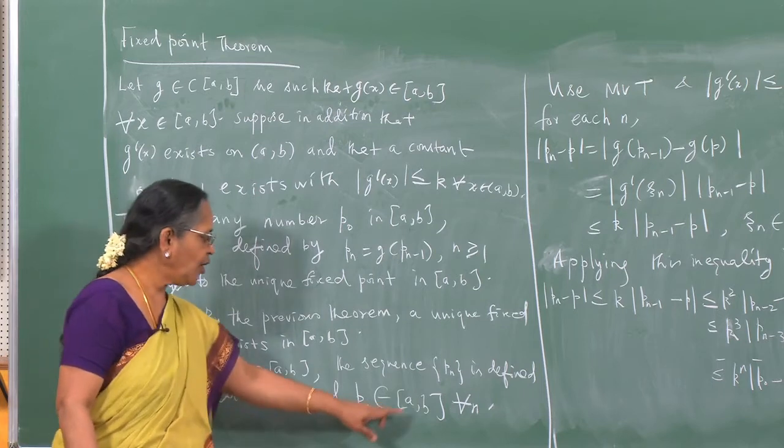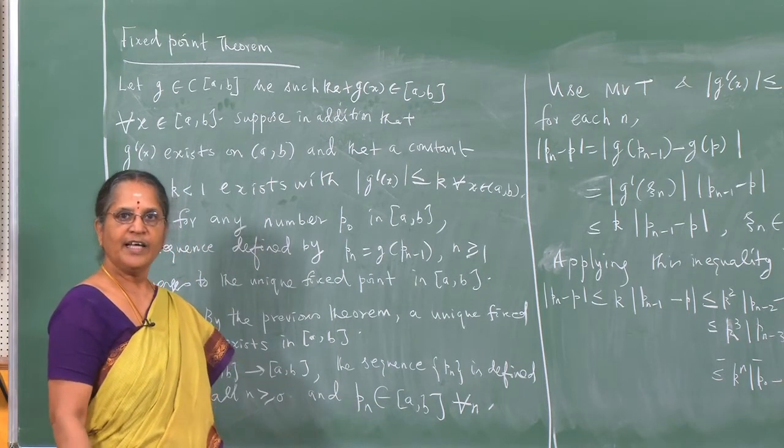So, Pn belongs to [a, b] and this is so for each n.